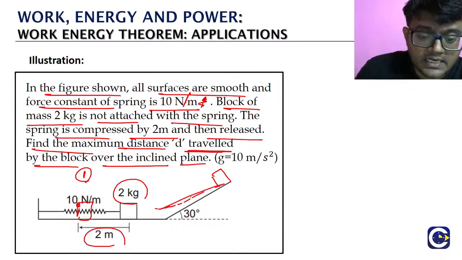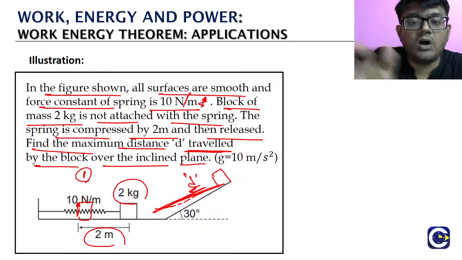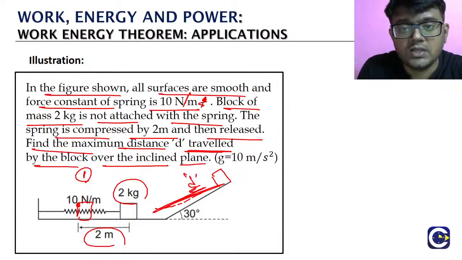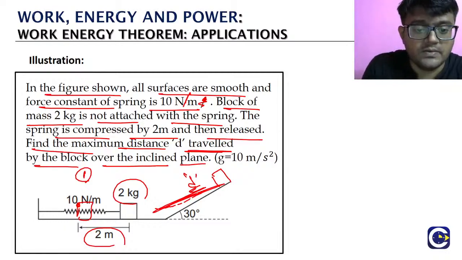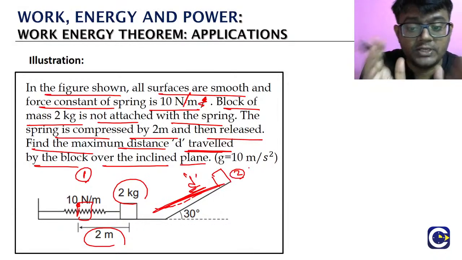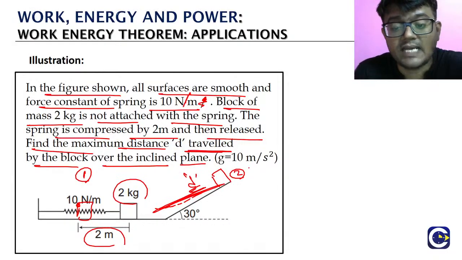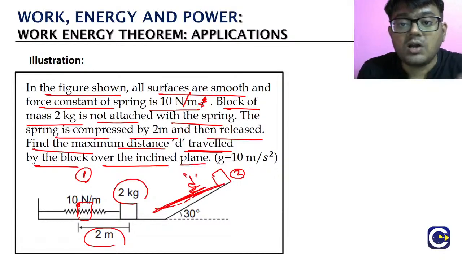That distance is what we need: the distance traveled by the block along the inclined plane. The maximum distance means the block will again come to rest. Take this as point 2. Point 2 represents the maximum distance traveled by the block on the inclined plane.